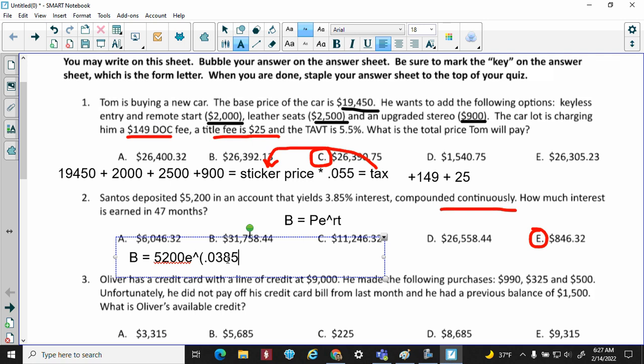But it says 47 months, so we've got to convert 47 to years. In my calculator, I'm going to do 47 divided by 12. Notice how I work the parentheses here. Make sure you do the parentheses. When I press enter, I'm going to get a number that I don't know off the top of my head. Let me use a calculator here.